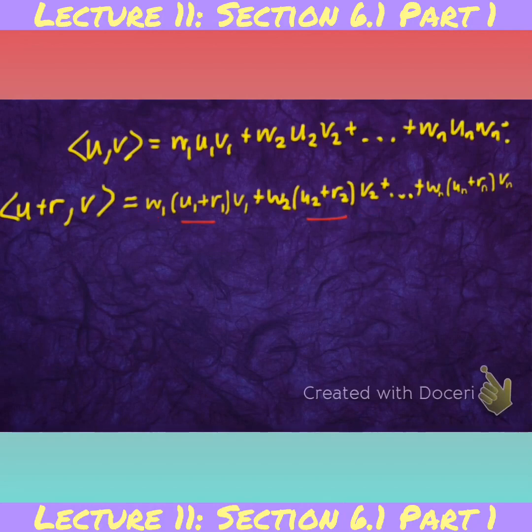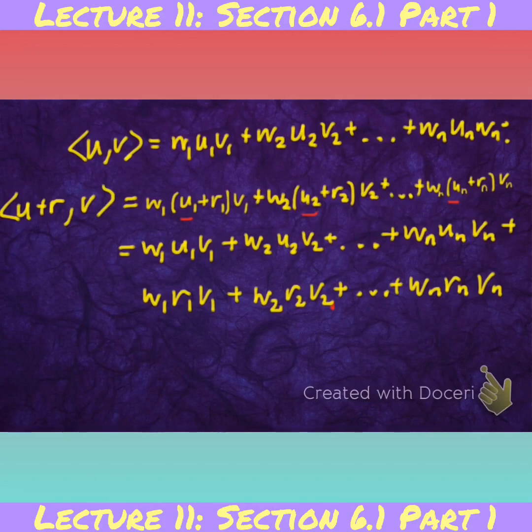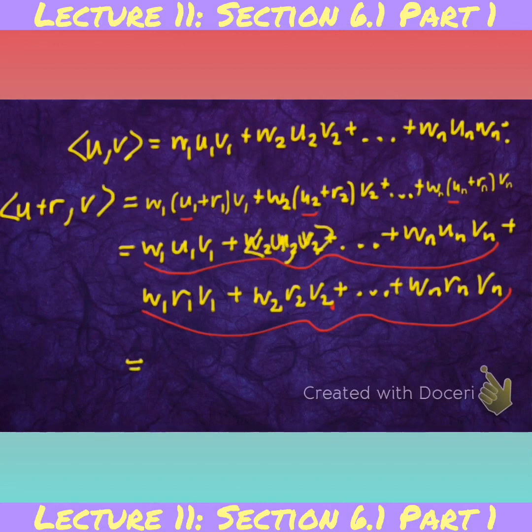Now we can simplify this term: we first gather the u terms, and then we gather the r terms. Gathering these leads to two sums, and these two sums can be replaced with the following. That term there, we can replace with the product of u with v. The second term we can replace with the product of r with v, and we're adding it together. So the second axiom holds.